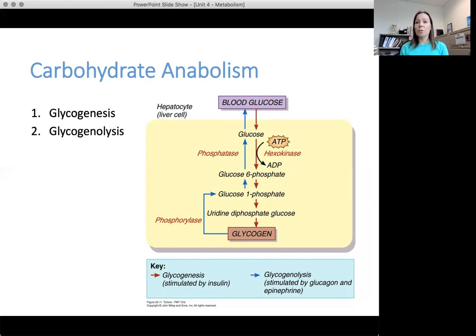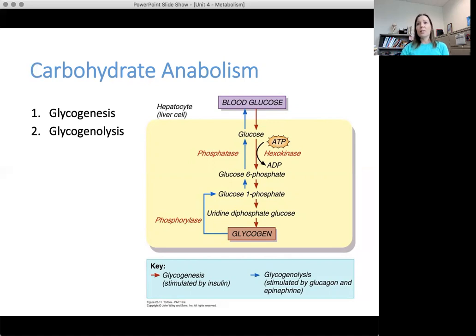So glyco in glycogenesis refers to glycogen. When you see gluco, that refers to glucose. So glycogenesis is the formation of glycogen. That's like the exact translation of that word. Genesis is creation or formation, and glyco refers to glycogen.